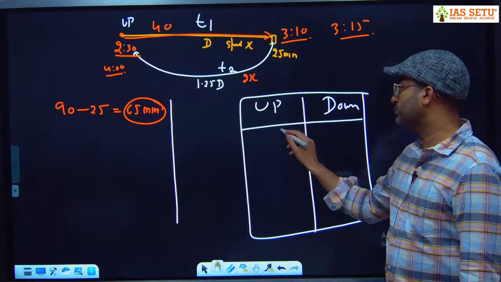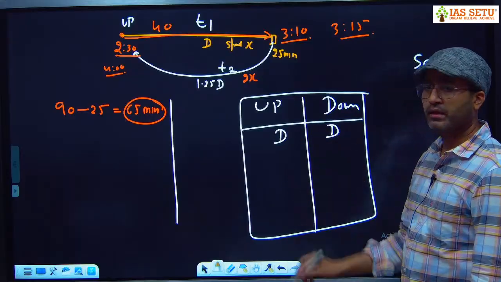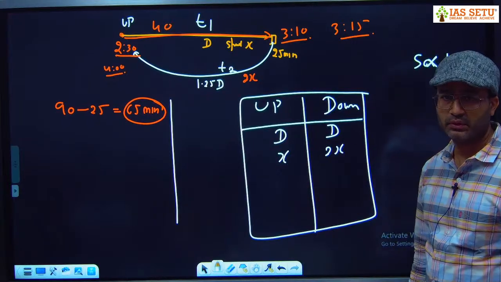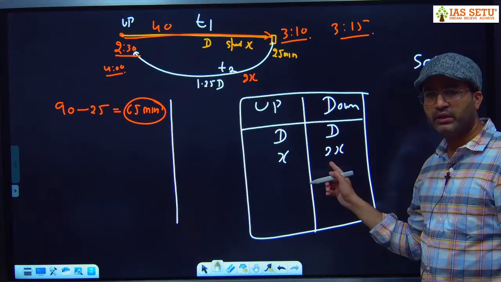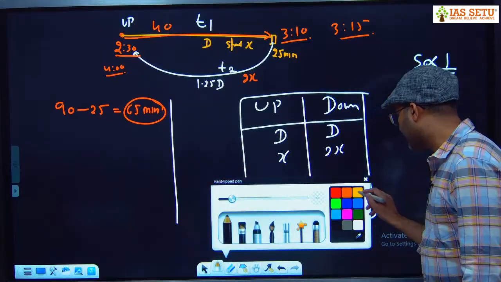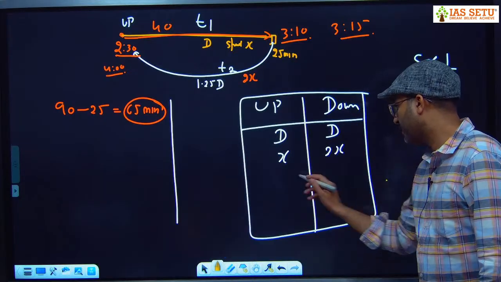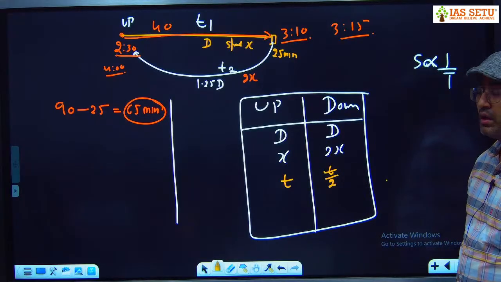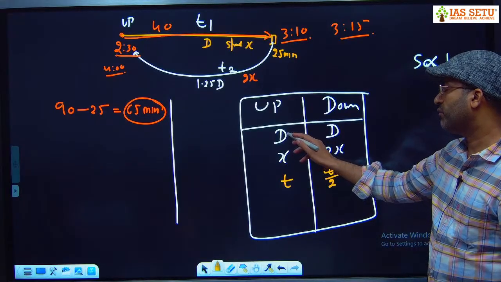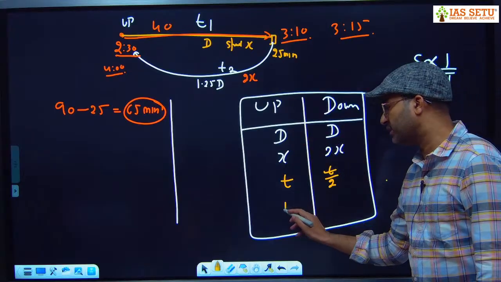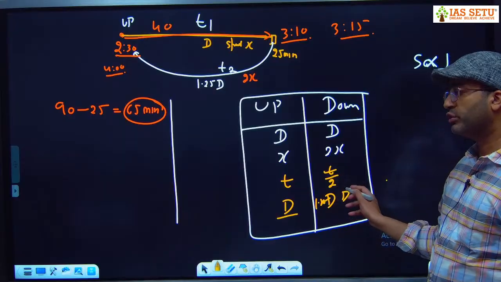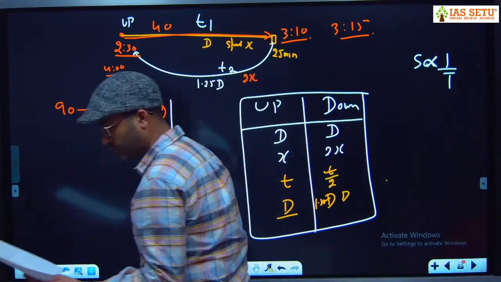If I assume distance is d, I assume speed x, 2x. ठीक है. If speed will be double, time will be half. I take here time required t and here time will require t by 2. But now here if I change the distance, अगर मैं distance को change कर लूँ d की बजाय I take 1.25d, so that will have an impact on time also.